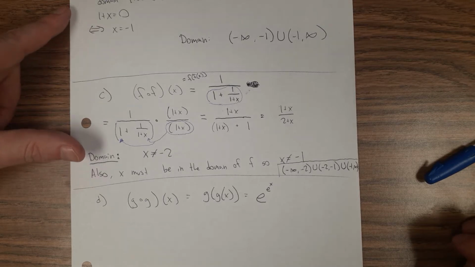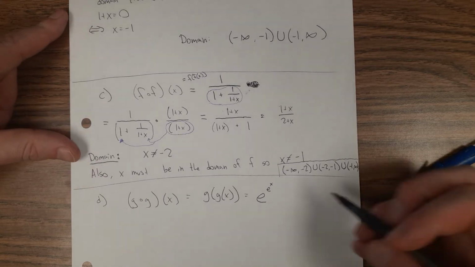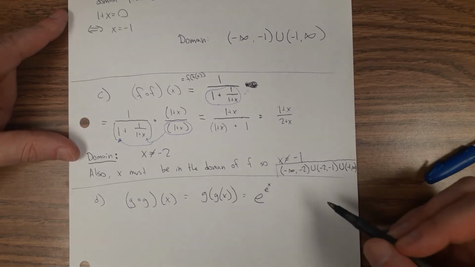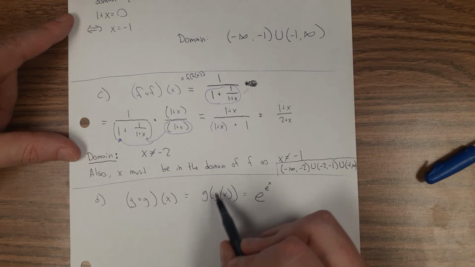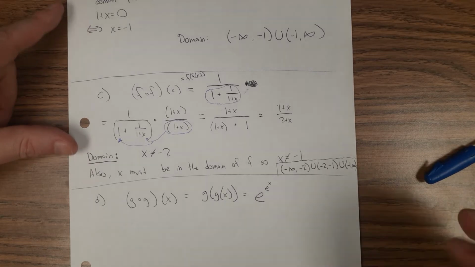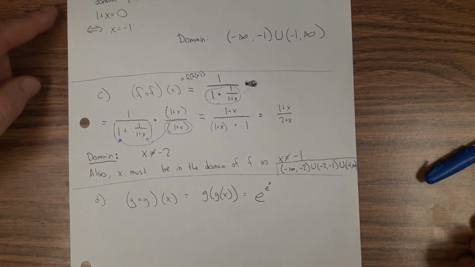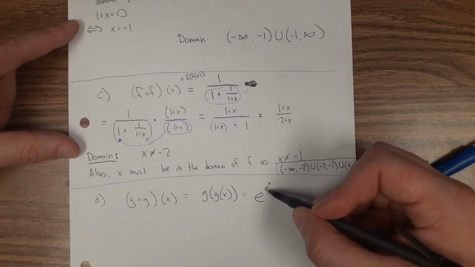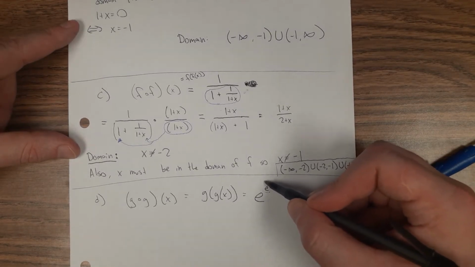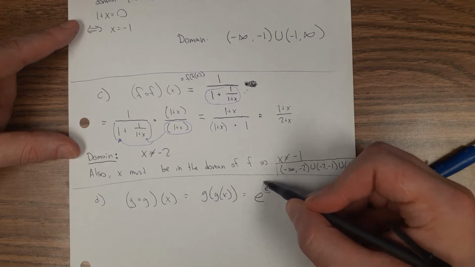And what's its domain? Well, I can do e to any power. First of all, let's talk about the domain of the inside. The domain of g of x is all real numbers because you can do e to whatever power you want. And so if I can do e to whatever power I want, then I can do this.